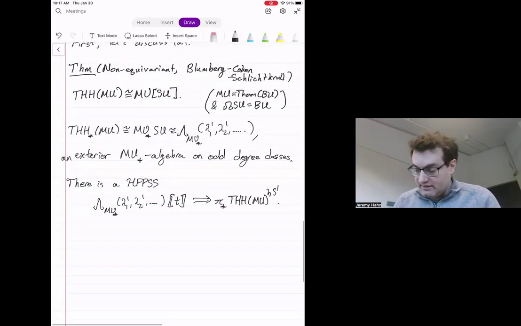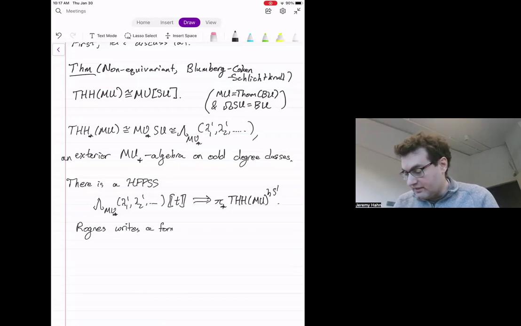And so there's a wonderful paper by Raksit who writes down a formula for the first differential, the d2 differential. But the answer turns out to be quite complicated, at least from my point of view.